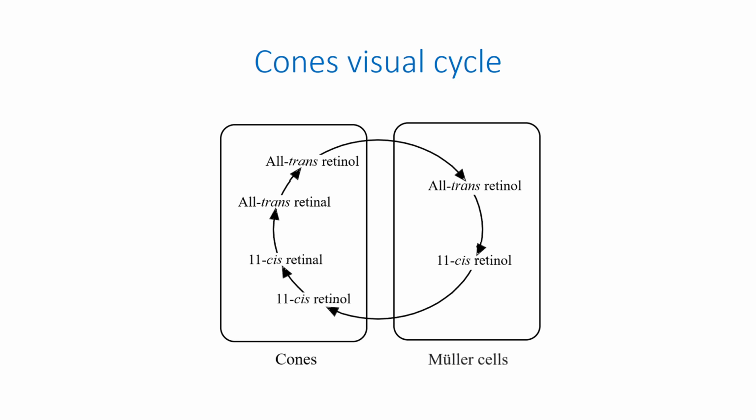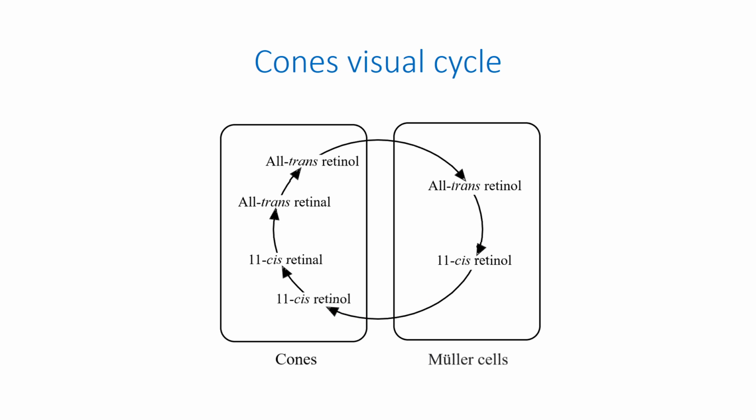The all-trans retinal, after dissociation from the opsin, is reduced to all-trans retinol, as in rods, and is transported into Muller cells, where it is converted into 11-cis retinol, which is transported back into the cones.